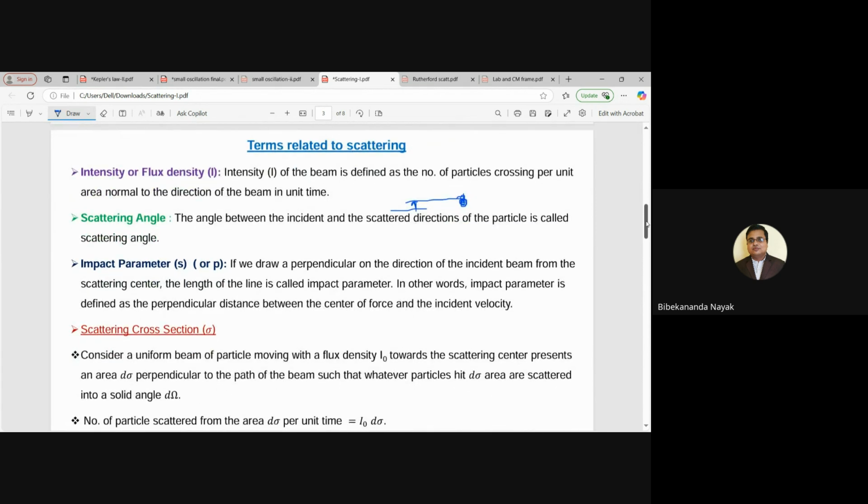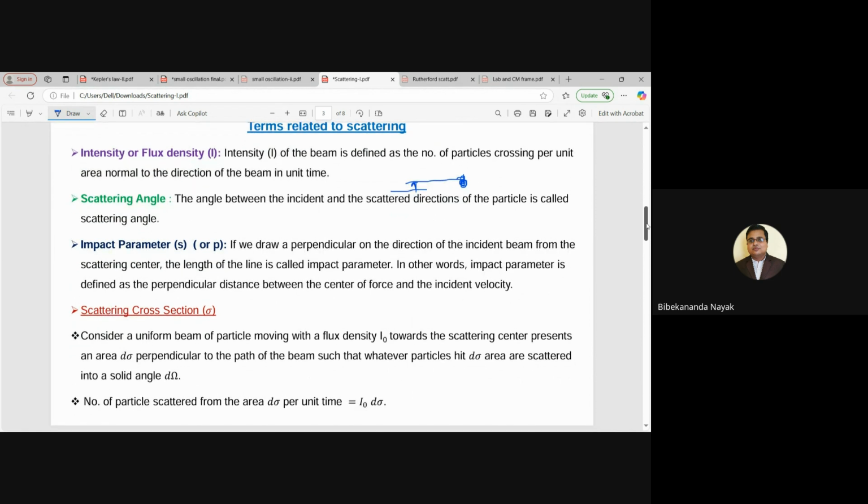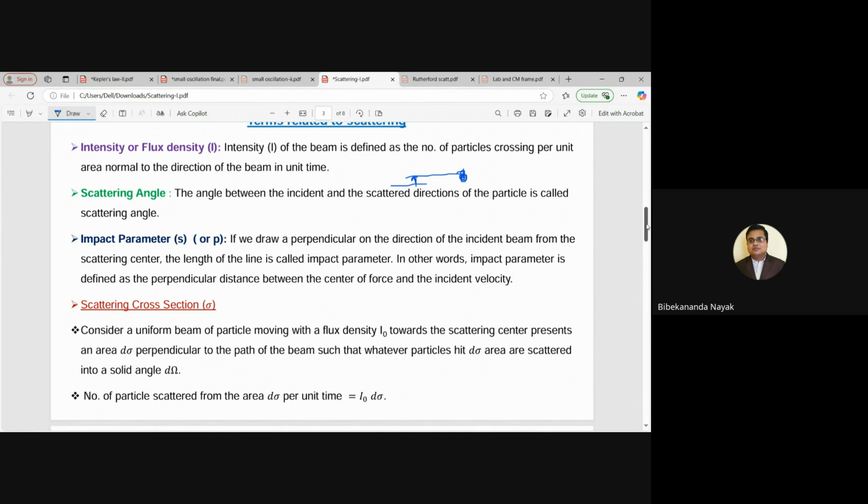And scattering cross section, which we have to calculate. Cross section means when we consider a uniform beam of particles moving with flux density I0 toward the scattering center, then the area perpendicular to the path of the beam, where the particles hit and are scattered, is in solid angle d omega.